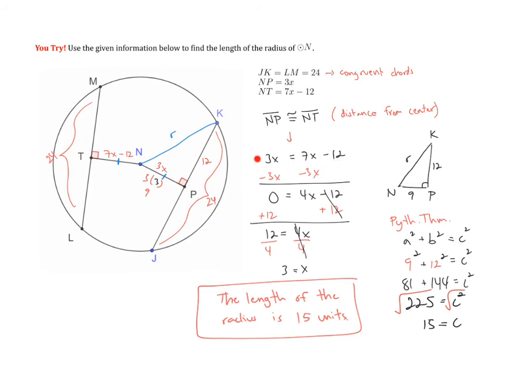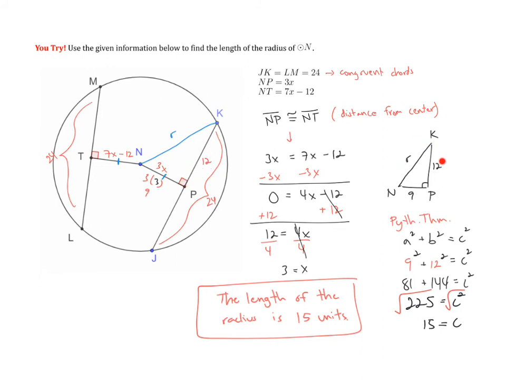So when I set 3x equal to 7x minus 12, I finished solving for x. And this gave me the segment NP when I substituted in. So that was 9. KP, which again is half of the entire segment, is 12.